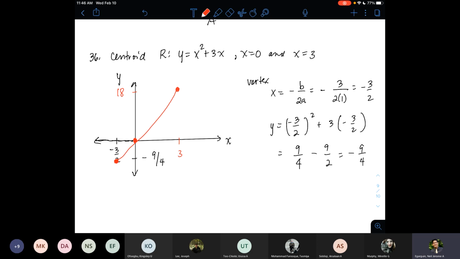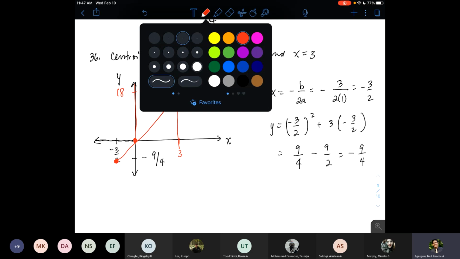And then x equals 0. X equals 3. I think I need another bound here.